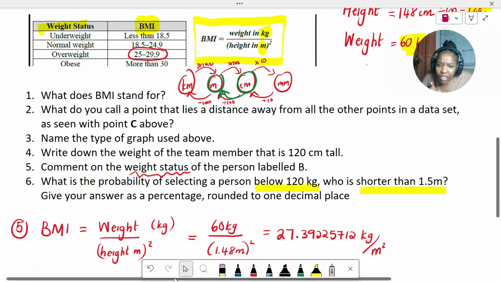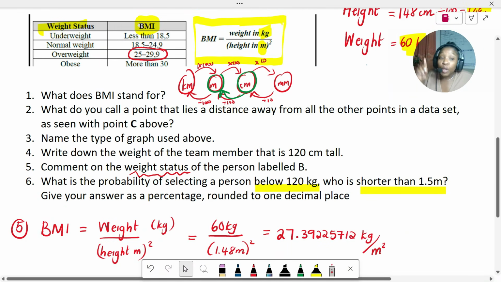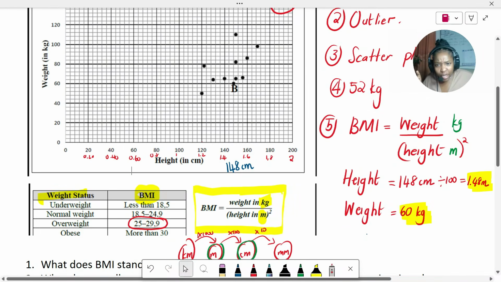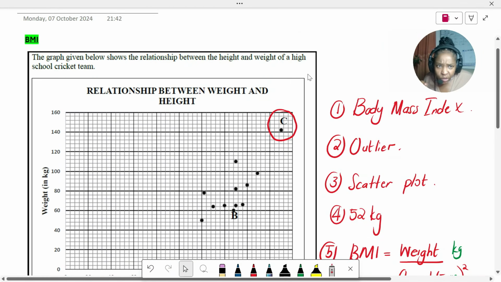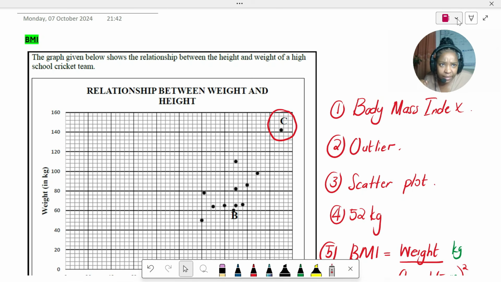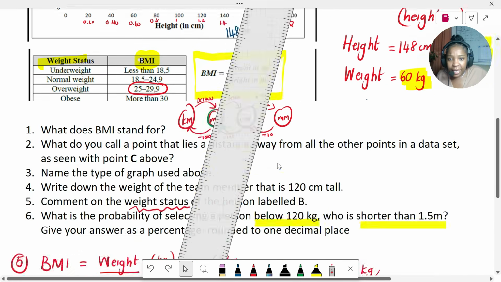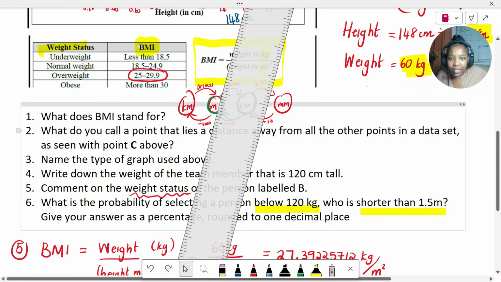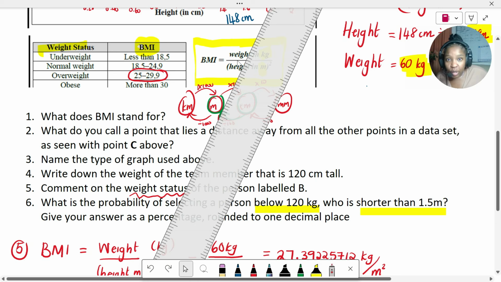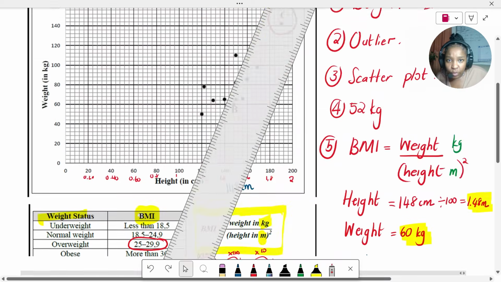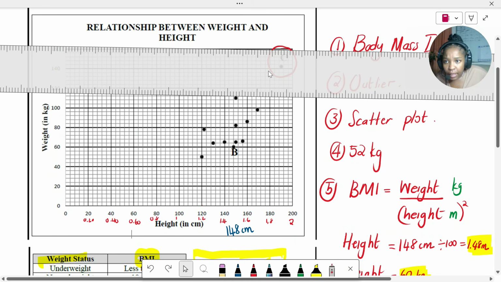So they're saying, what is the probability of selecting a person that is below 120 kg? You now need to find where 120 is. I'm just going to get my ruler again so that we make this nice. Below 120 kg, I'm going to move up and find where 120 kg is.